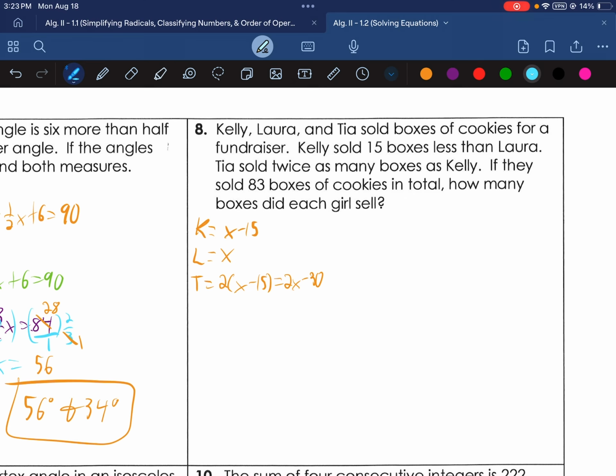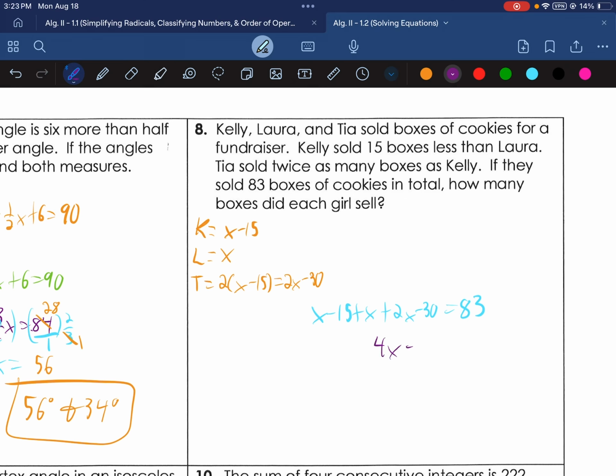Now we're told that all 3 of these ladies in total sold 83 boxes, meaning we're doing X minus 15 plus X plus 2X minus 30 equals 83. So this is Kelly, Laura, and Tia.